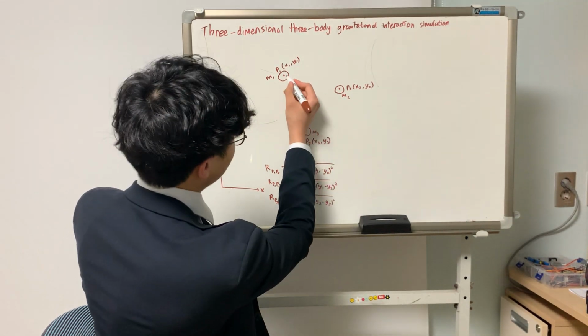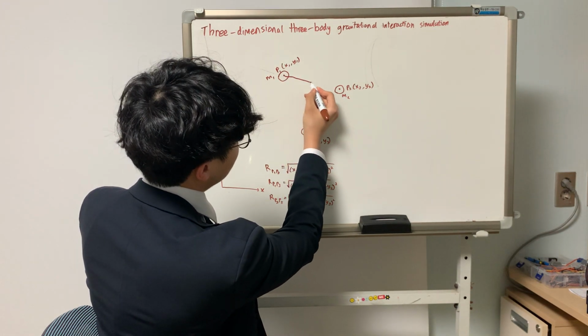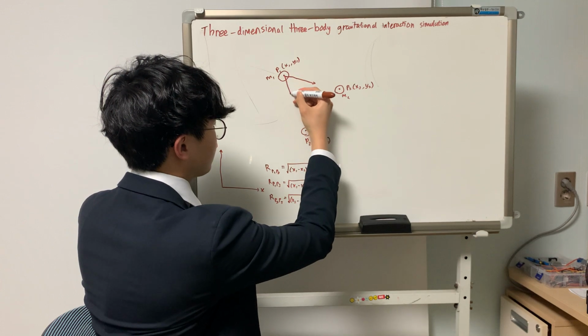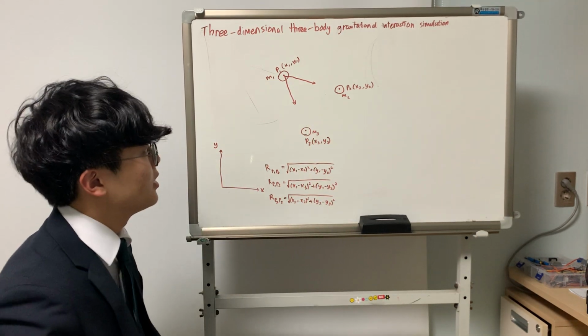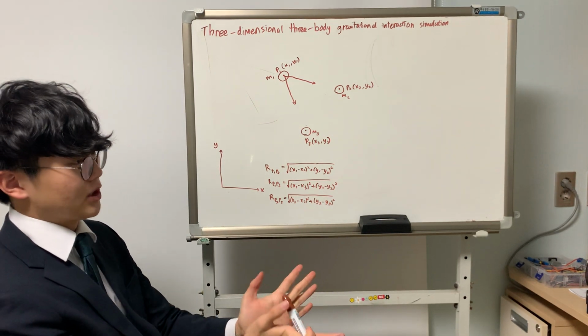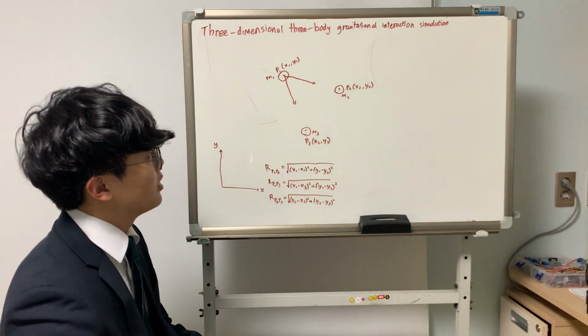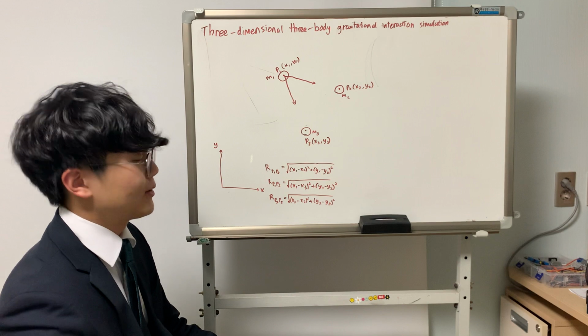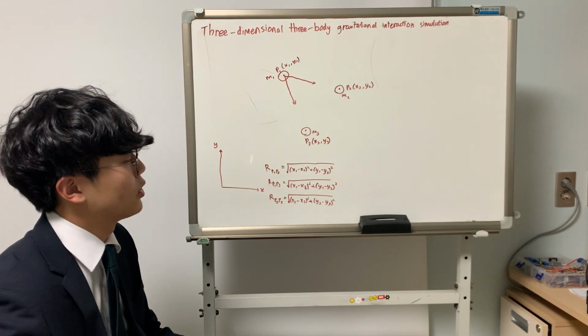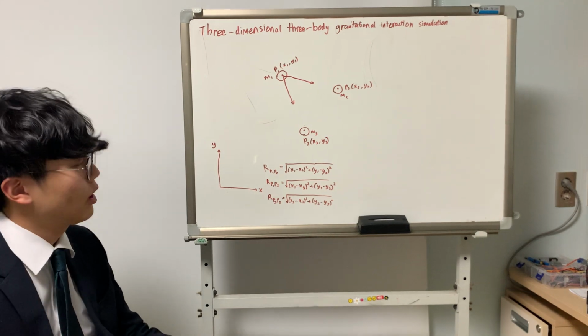So we're going to have this force here that goes like that, and another force that goes like this. But there's no value in having two separate forces. What we want to do is find the net force, because the net force is what defines the motion of that object.